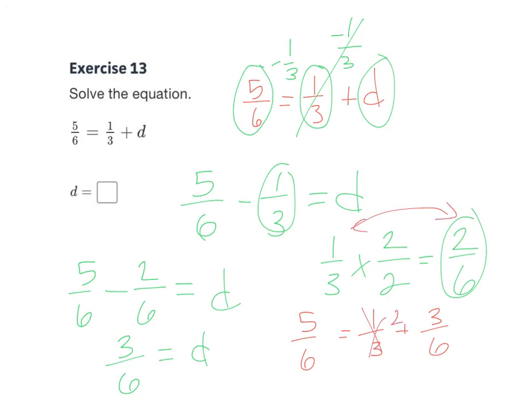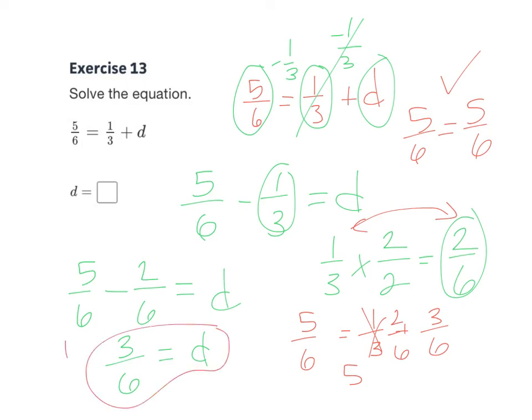So I'm going to put in 2/6. 5/6 is equal to 2/6 plus 3/6. So what we're going to end up here with is 5/6 is equal to 5/6. There is my check. And my answer is 3/6, or you could even write that as 1/2. And that's it for the homework.